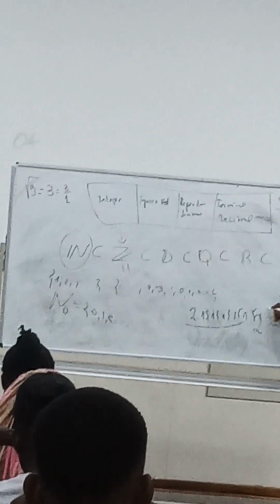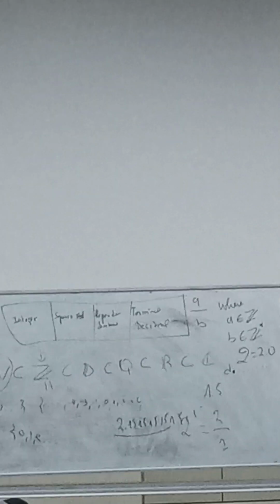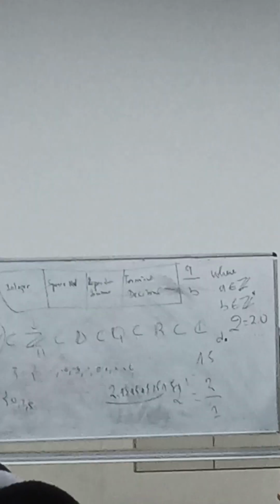But sometimes you get a sequence that can never end, like 1, 5, 1, 5, 1, 5. Your calculator has a finite screen, so you can never know that this sequence is infinite, because it will just give you up to a certain limit.